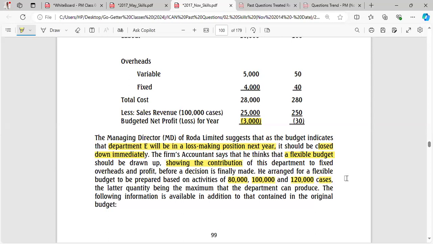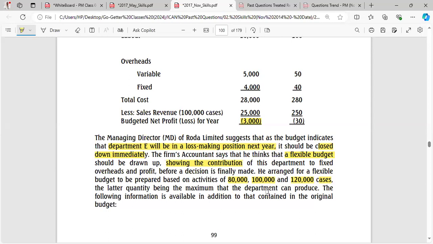I'm going to teach you how to create a flexible budget, and a flexible budget works well with variable cost. Now they said the latter being the maximum, which is 120,000, is the maximum that the department can produce.